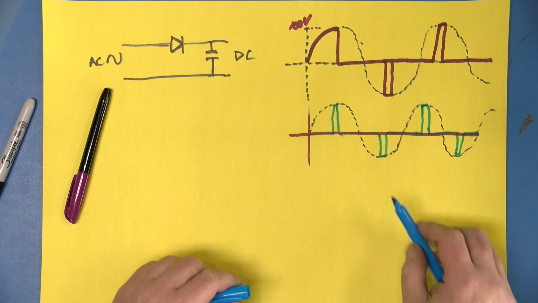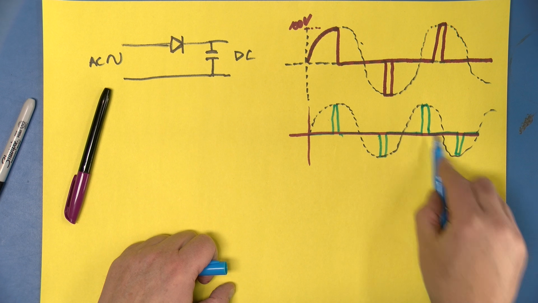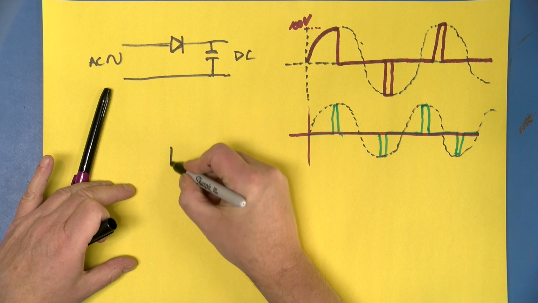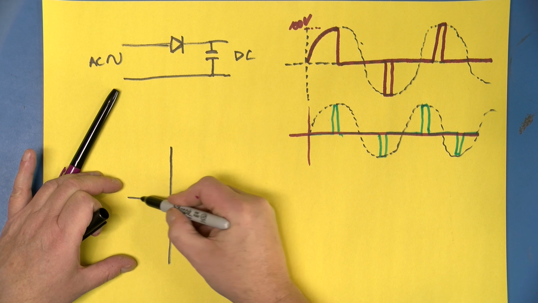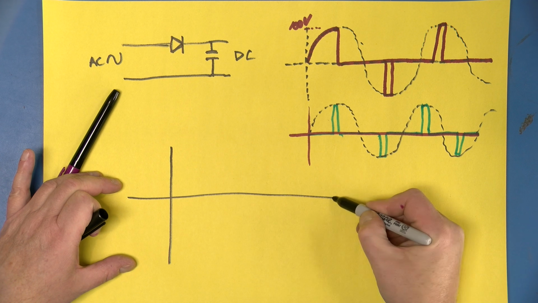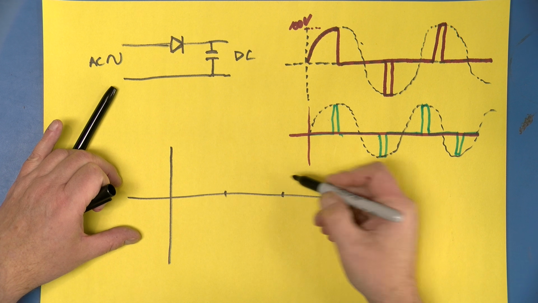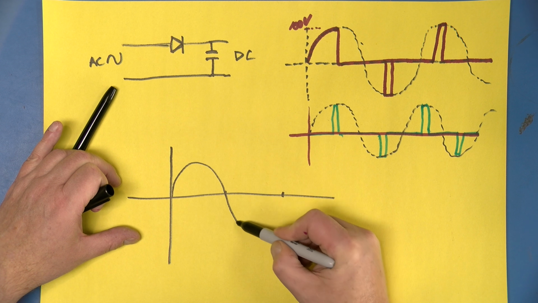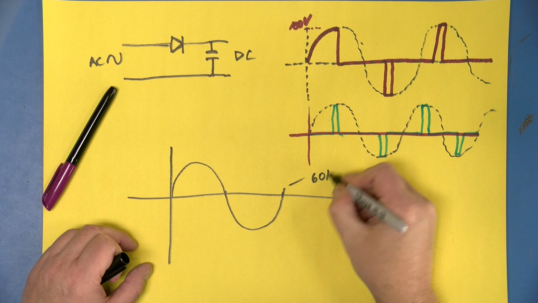And I'm going to just show you how the harmonics can make up these jagged pulses. And I'll do that just by drawing a very simple example with the fundamental and the third harmonic. So I'm going to try and draw a nicely formed AC waveform here. So that's our fundamental at 60 hertz.